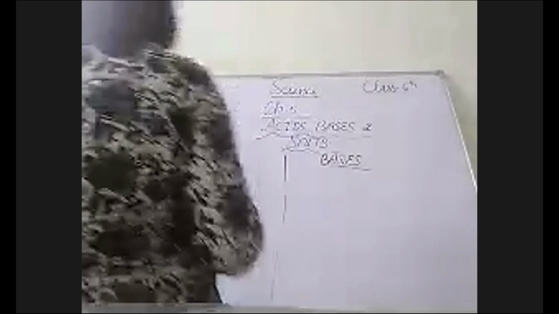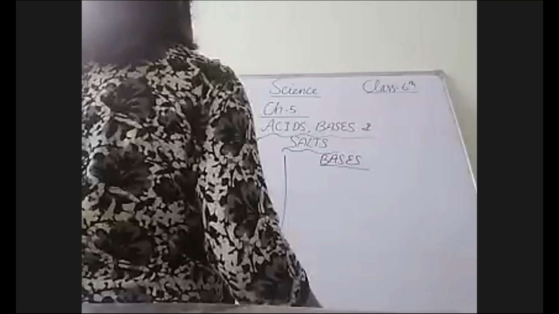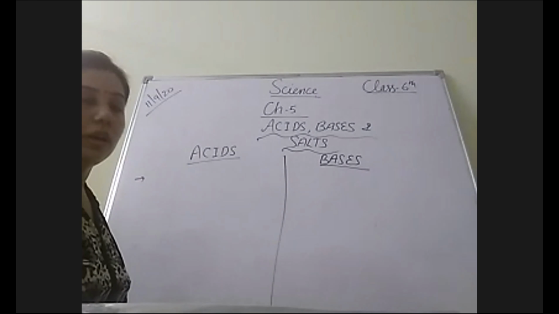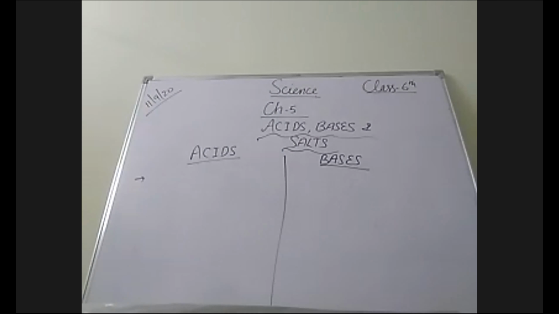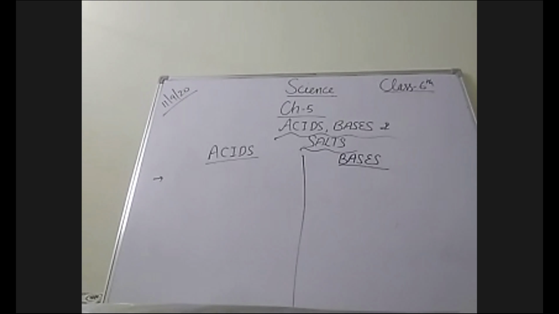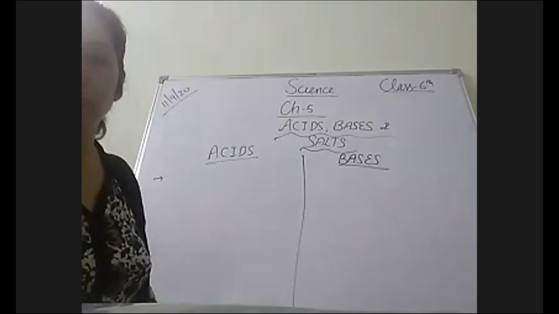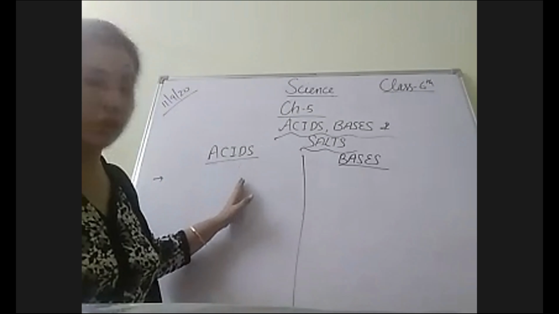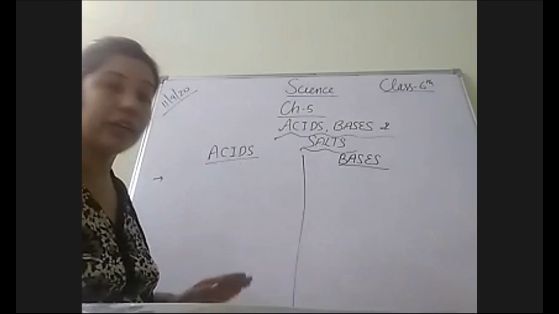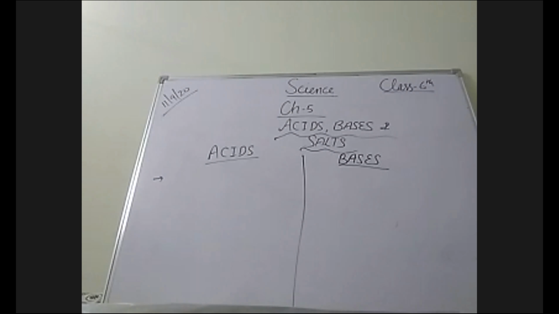More acids. If I talk about acids, acids react with metals and hydrogen gas will be evolved, and salt will be made. Along with salt, hydrogen gas will be evolved out.